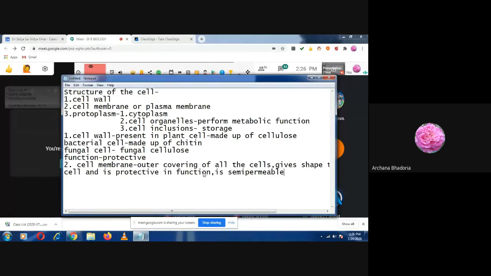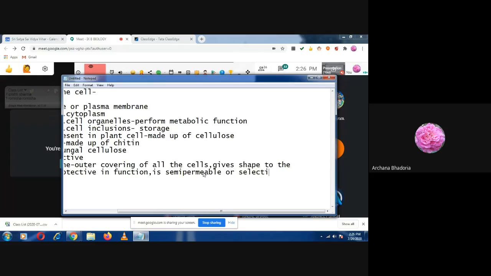So this way it is partly permeable or semi-permeable. We also call it selectively permeable. Selectively permeable means it will select the substances and allow them only to move in and out of the cell.